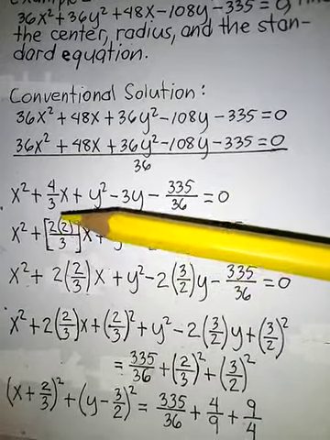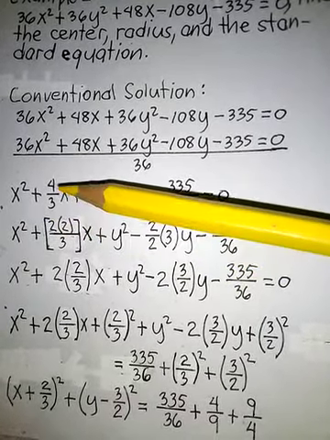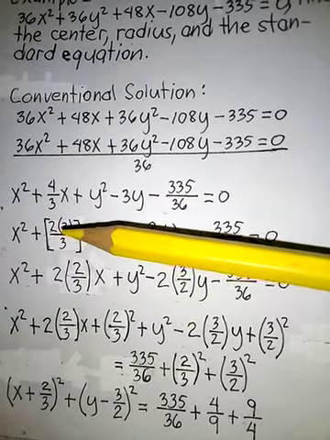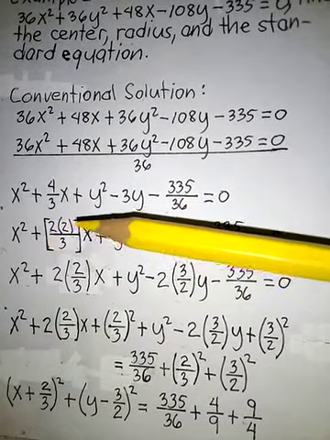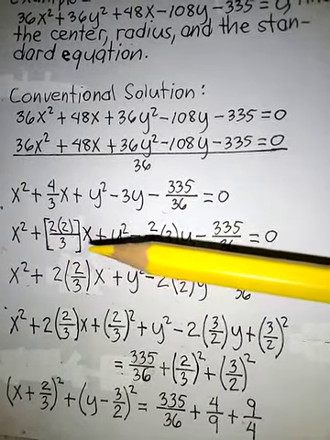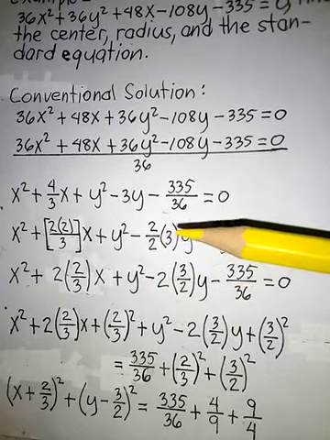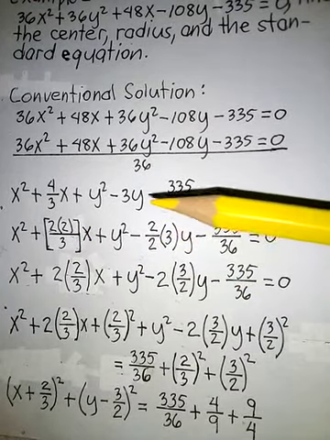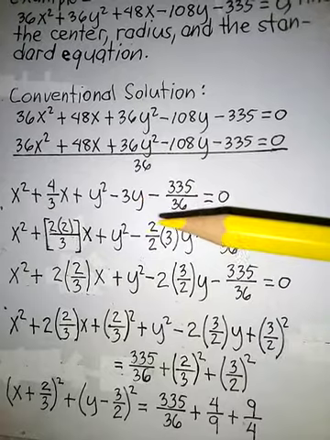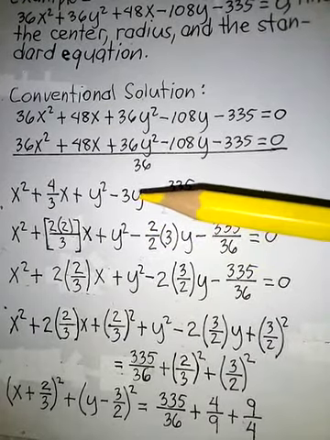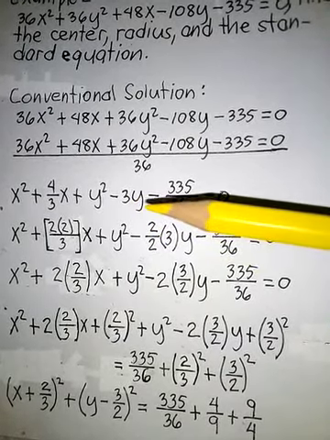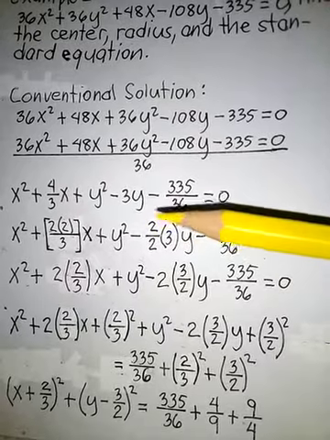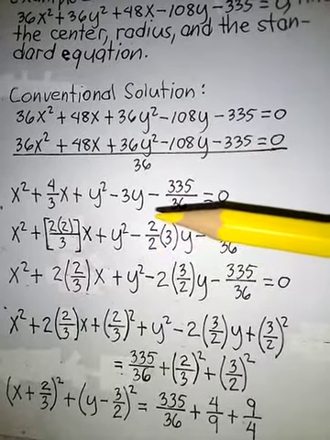And then, so factor out the 2. So x squared plus 2 times 2 over 3 multiplied by x plus y squared minus, so that's factored out 2. Since we cannot factor 2 from 3, let us multiply this 3y by 2 over 2.